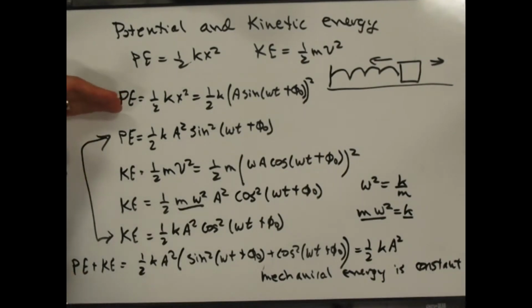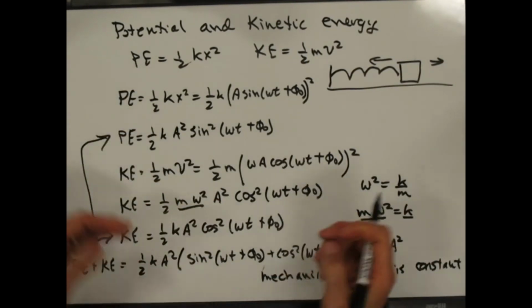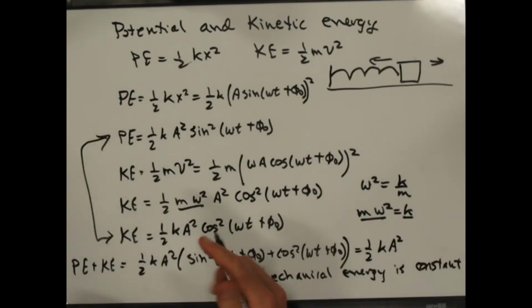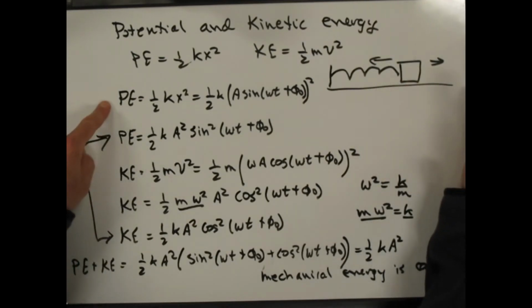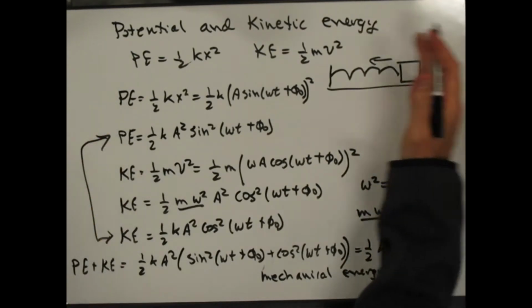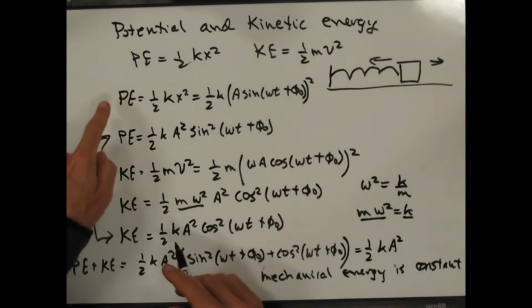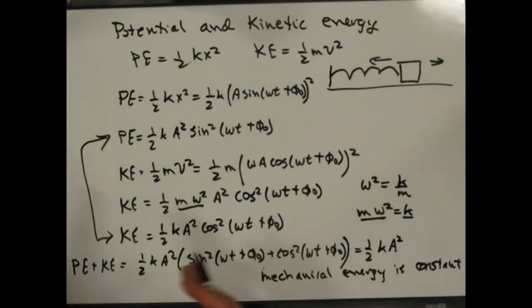If I calculate the potential energy, which is constantly changing, and the kinetic energy, which is constantly changing, because this thing's getting stretched all the way out, a lot of potential energy, no kinetic energy, coming zipping through the middle, a lot of kinetic energy, no potential energy, and so on. If I add those two things up, I get just a constant 1/2 k A squared for the total energy.